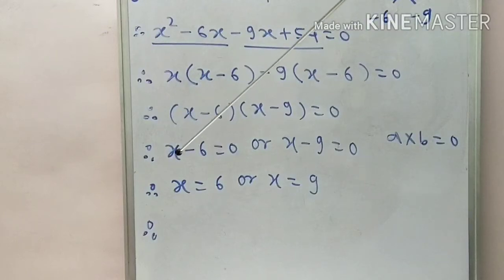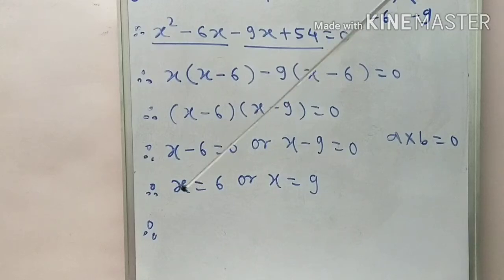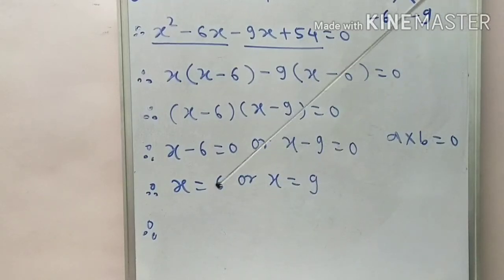So like this, in the first bracket x minus 6 equals 0 or x minus 9 equals 0, and x minus 6 equals 0 means the value of x equals 6, or the value of x equals 9. We have these two values for x, and these two values are known as roots of the equation.